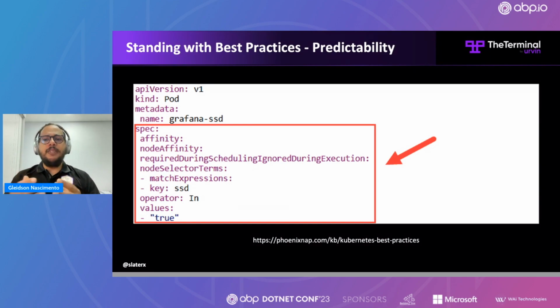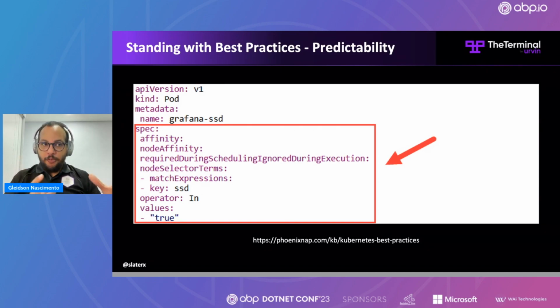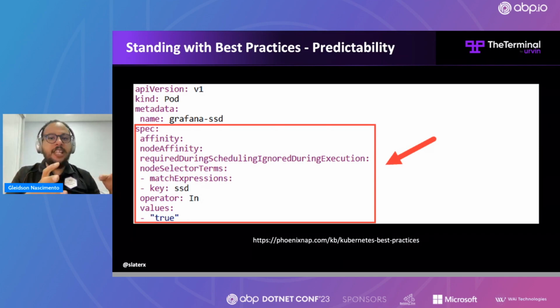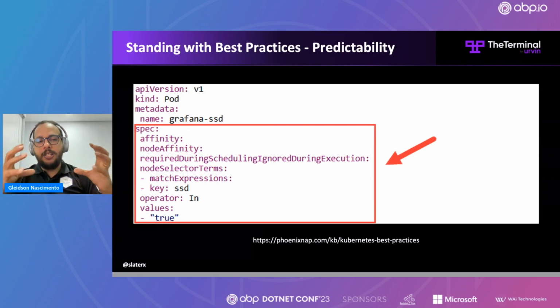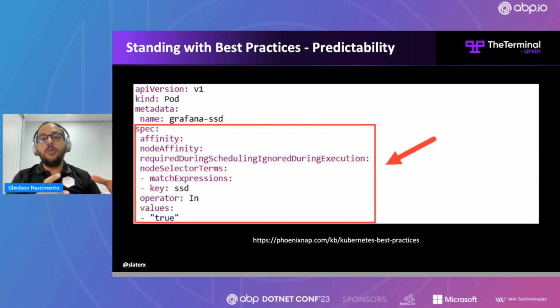Then we defined limit ranges and resource quotas to ensure that any new services that are already shaped up for the environment will belong there. They will fit there. They will actually be contained in that piece of CPU and memory we expect that container to occupy.